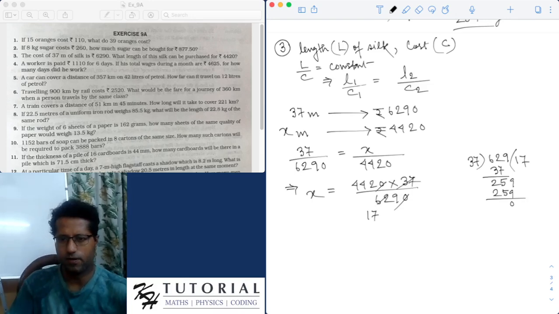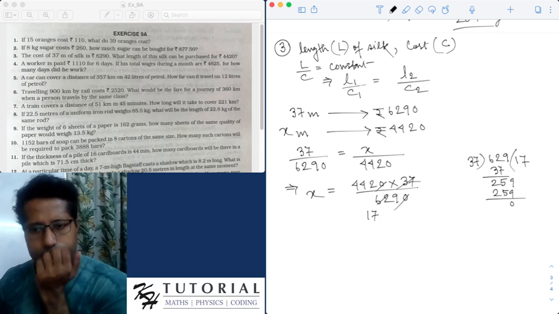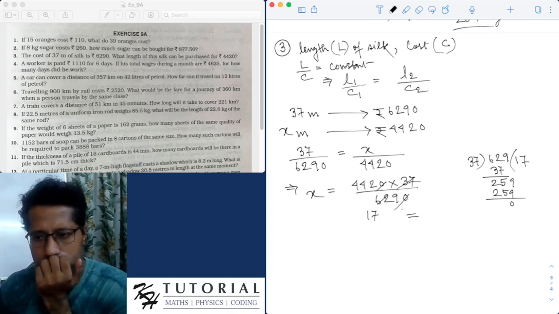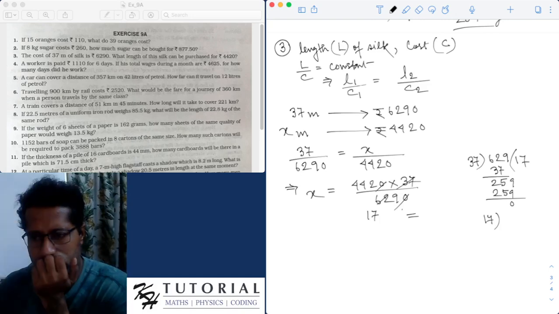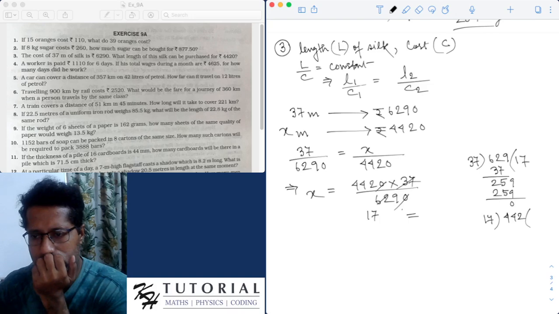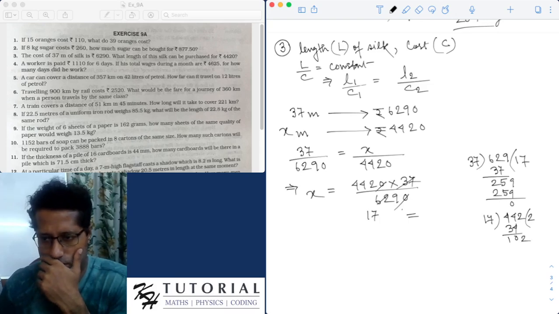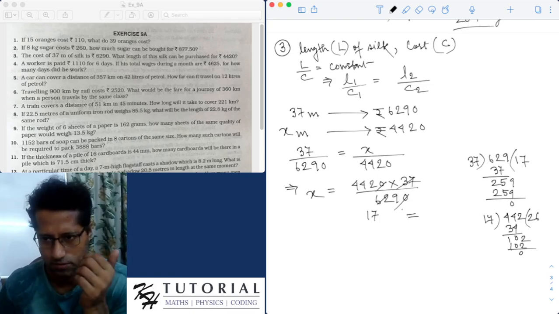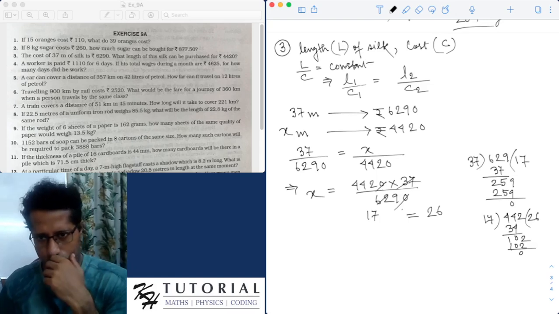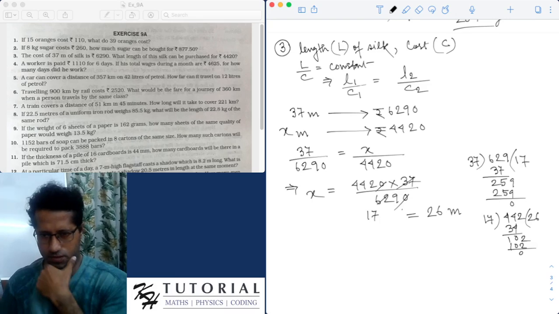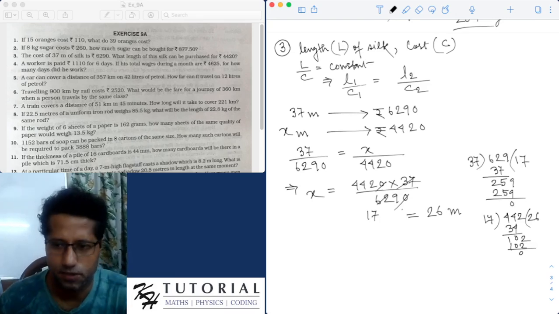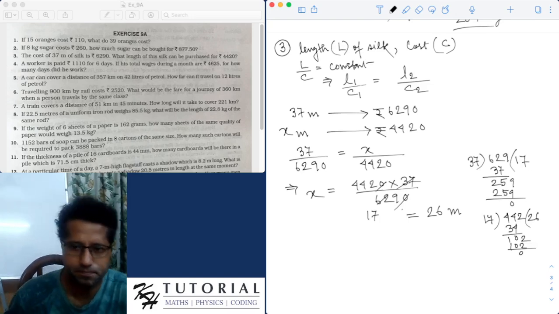And will 17 divide 442? Yes, this is 26. So the answer is 26 meter of silk can be purchased for rupees 4420.